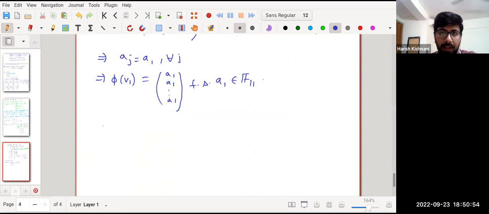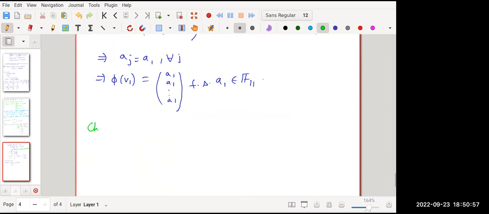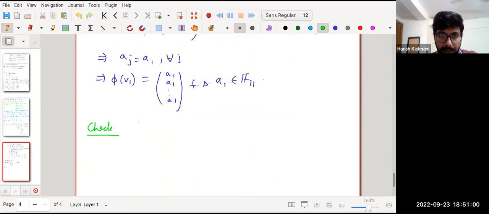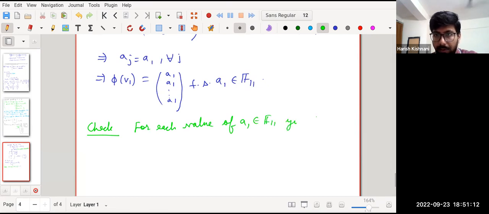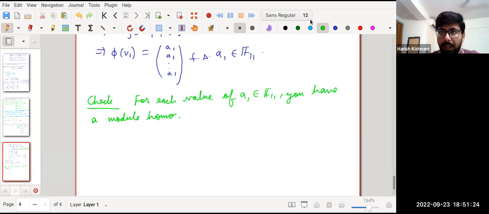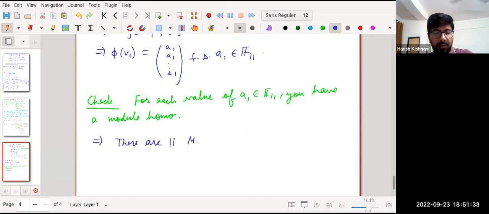Okay, so I am leaving it to you to check that for each value of a1 belonging to F_11, you have a module homomorphism, and that will imply that there are 11 module homomorphisms.